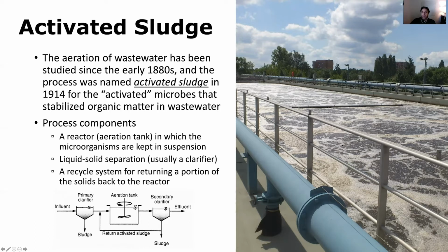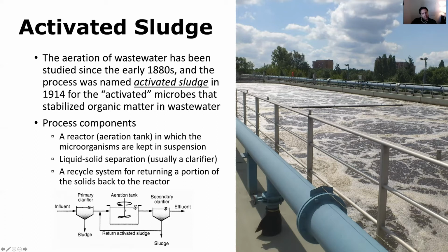So this is basically like our growth chamber for the microorganisms, a liquid solid separation reactor, usually a clarifier, and a recycle system that returns a portion of the solids back to the reactor. So you can see here in this figure below, we've got our primary clarifier, which is used mostly to remove some of the larger solids that are present in the sewage before activated sludge.